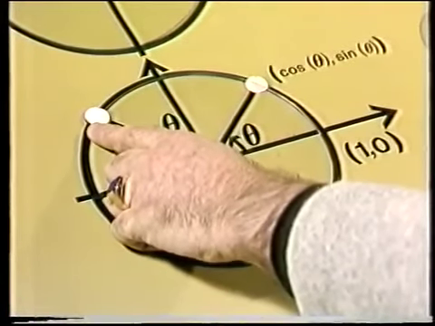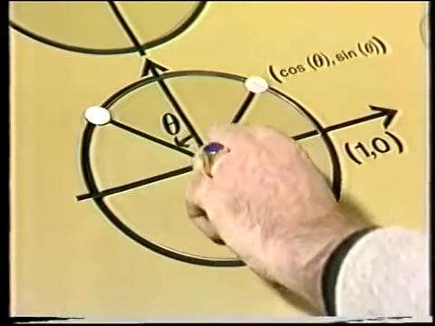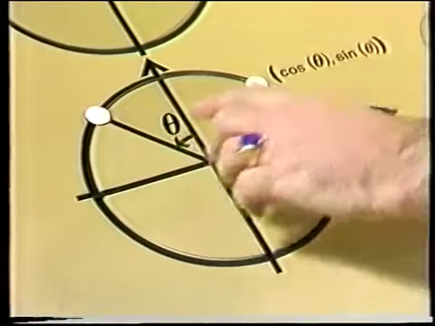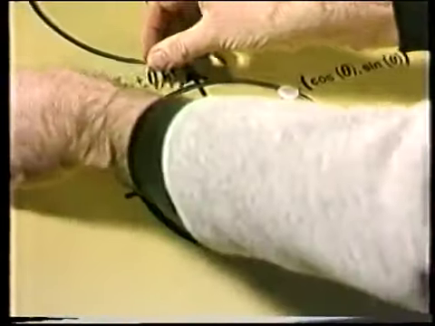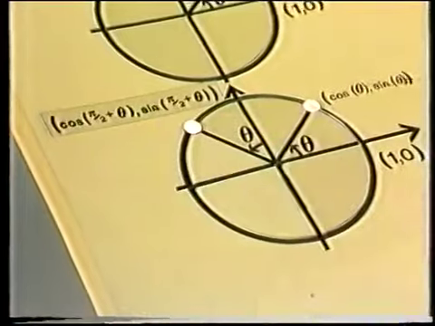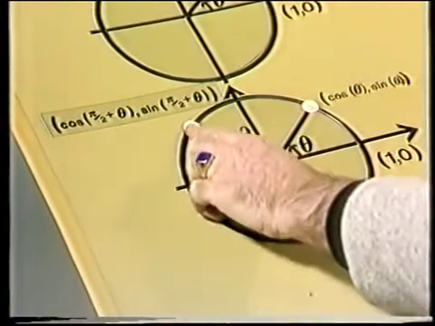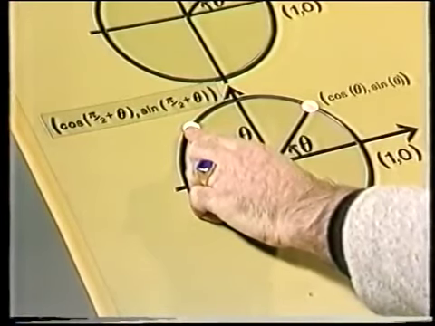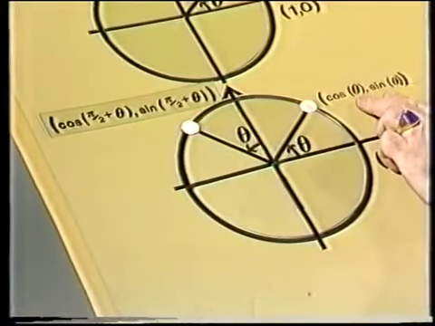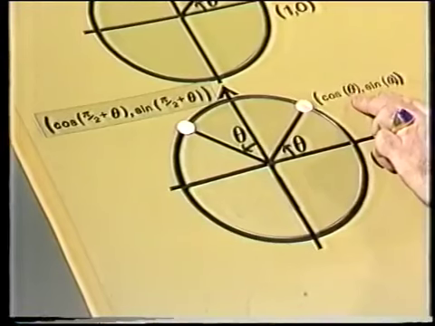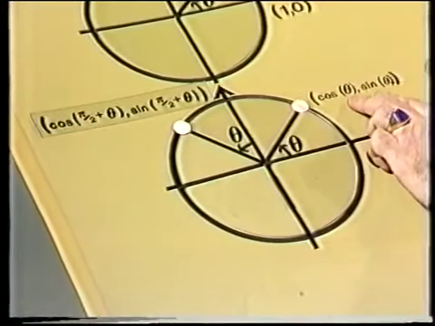So the coordinates of this point must be the cosine and sine of this angle. That's to say, they are cosine of pi over 2 plus theta, sine of pi over 2 plus theta. Now, this point is simply pi over 2 round from (cos theta, sin theta). So how are its coordinates related to cos theta and sin theta?